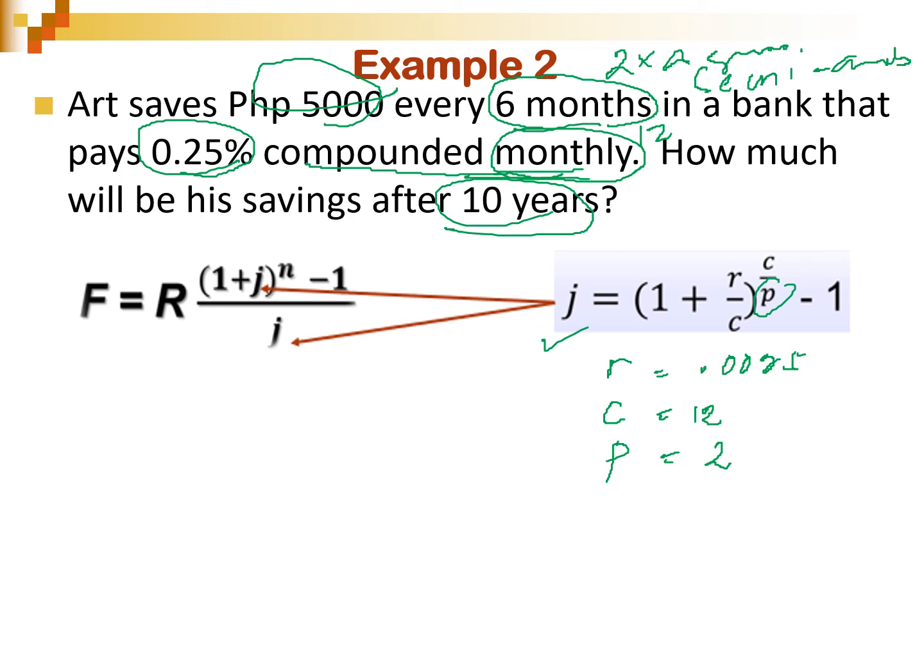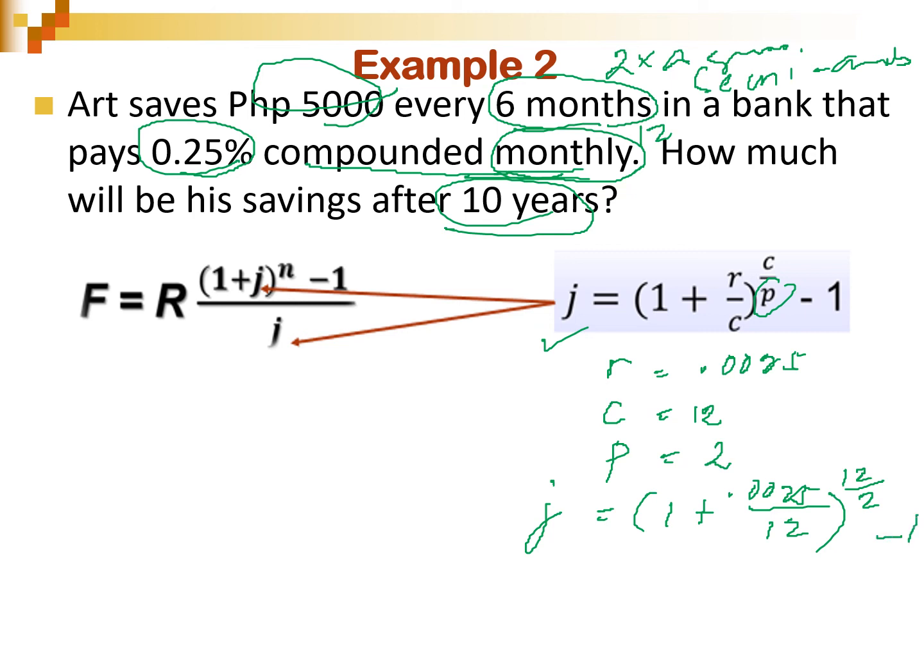Following the formula, let us now solve for J. J is equal to 1 plus R is 0.0025 over C, which is 12. Then close parenthesis raised to 12 over 2. C over P is 12 over 2.